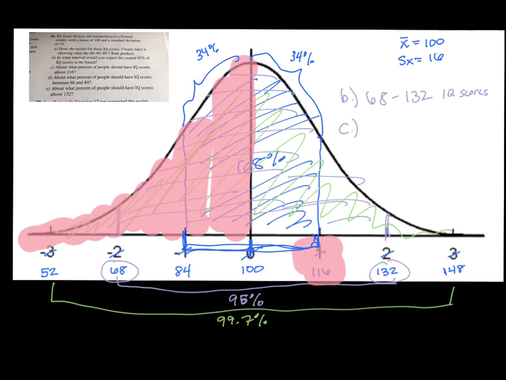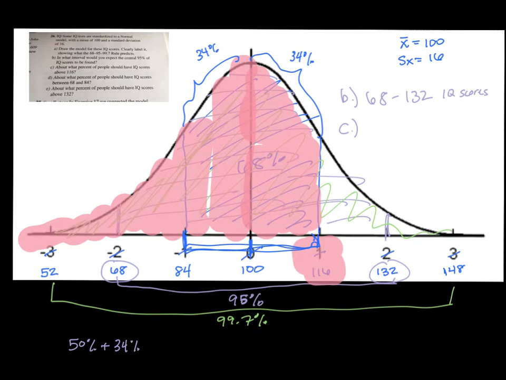So now, if I'm adding this other 34% onto it, that's going to give me 50% plus 34%. I'm going to write it at the bottom. So we have 50% plus 34% is going to give us 84%.